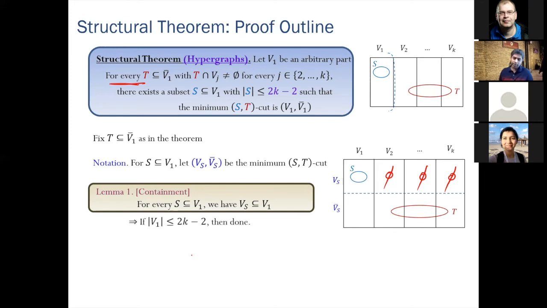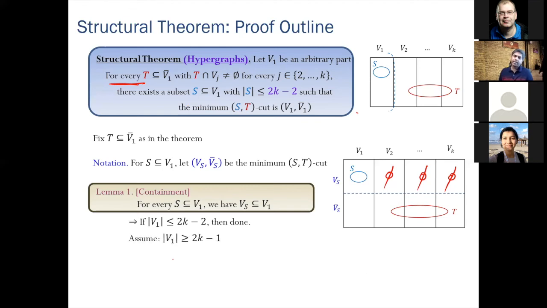And in particular, if the size of V1 itself is small, if the size of V1 is at most 2k minus 2, then you can simply take S to be equal to V1 and you will get the conclusion that you want for the structural theorem. So the containment lemma takes us halfway to proving the structural theorem.